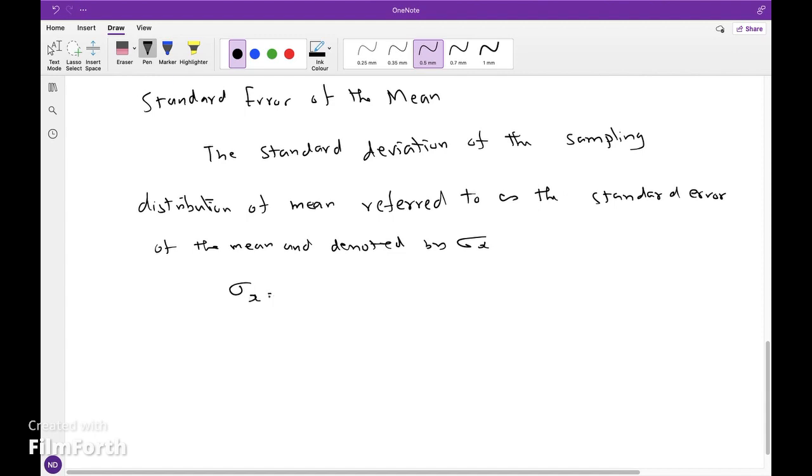Sigma x is equal to sigma by square root of n.